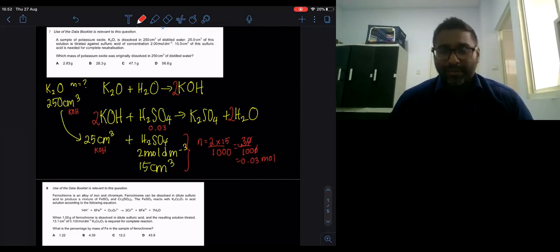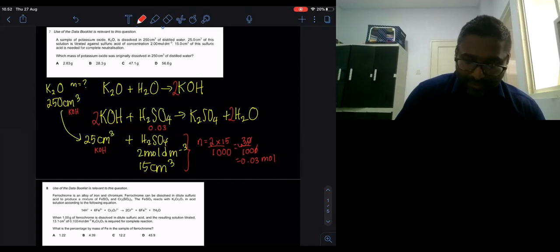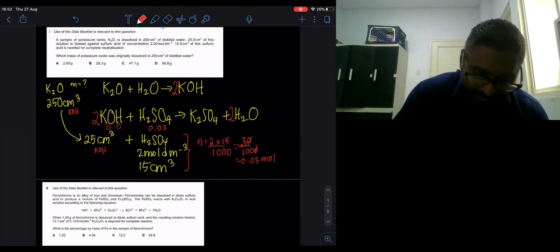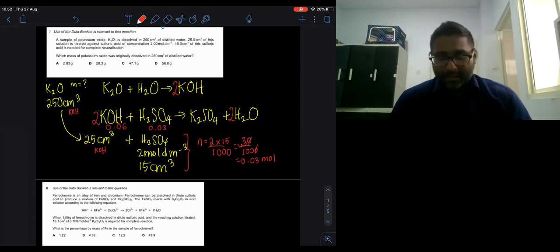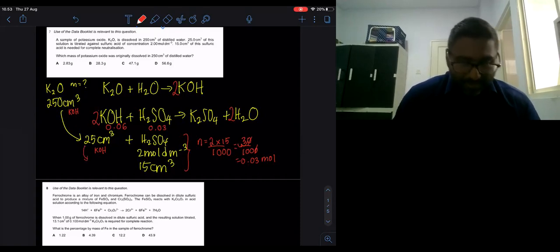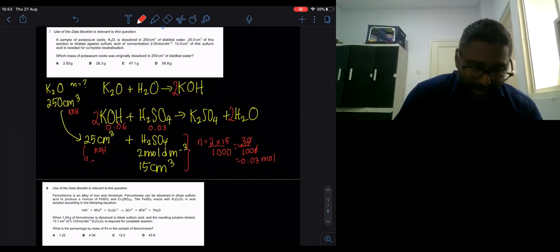The number of moles of potassium hydroxide will be double because 1 to 2. So 0.06. That's going to be the number of moles of potassium hydroxide. It means that in 25 cm³ of potassium hydroxide, there are 0.06 moles.